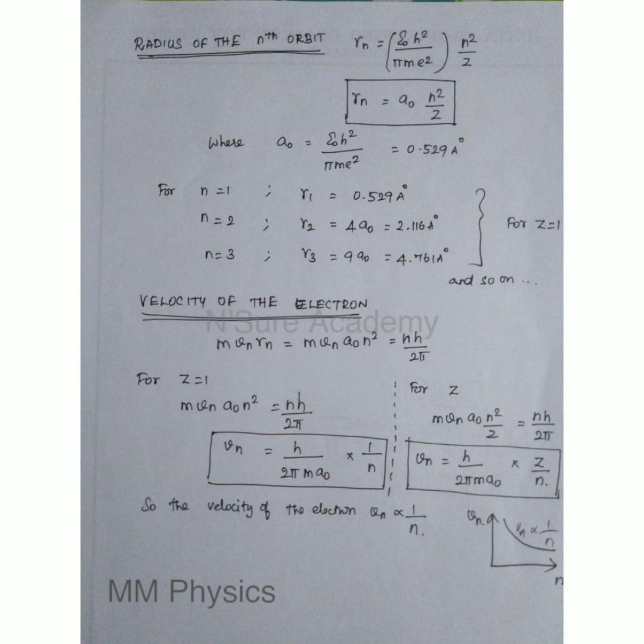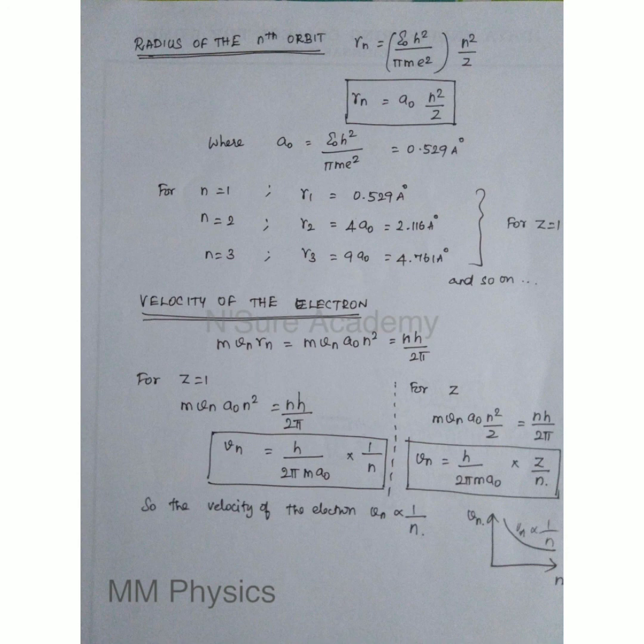Then m vn a0 n square is equivalent to nh divided by 2 pi. From that we get vn equals h divided by 2 pi m a0 into 1 by n. This is the velocity of the electron in the hydrogen atom, in the orbit having radius Rn.